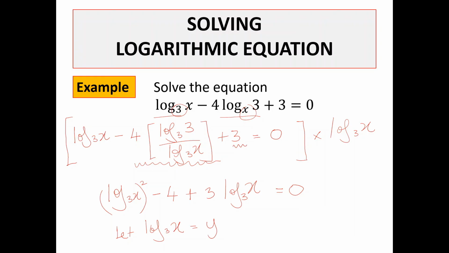When we let log x base 3 equal to y, we will have y squared minus 4 over y plus 3 equal to 0, because this is y, this is also y. Or we can write y squared plus 3y minus 4 equal to 0.